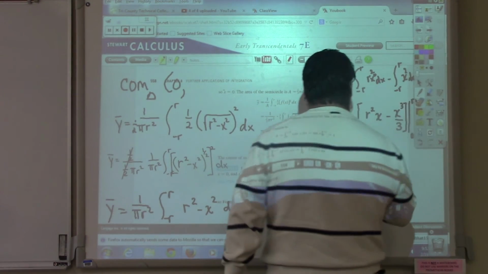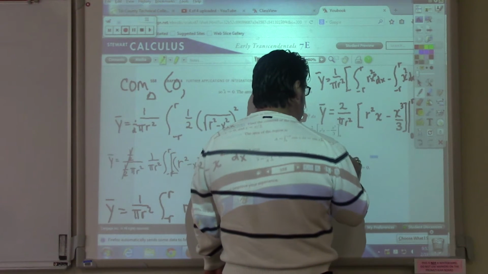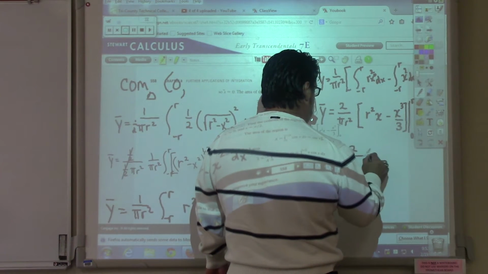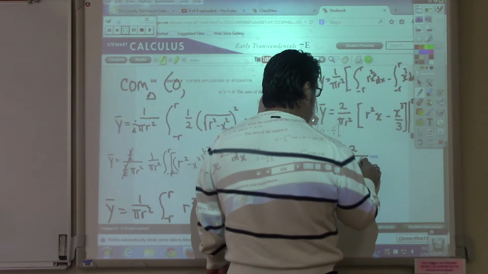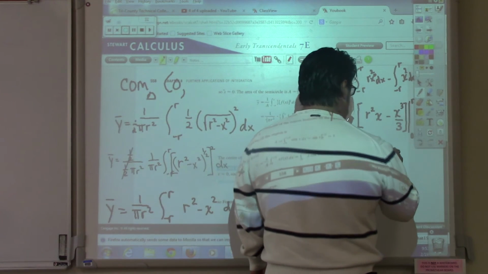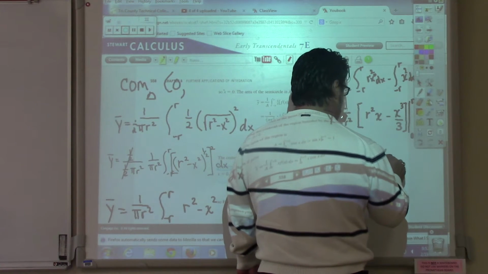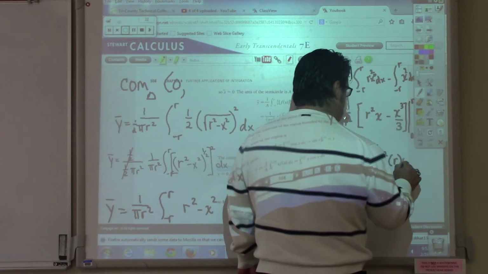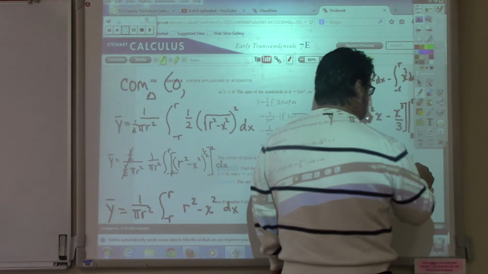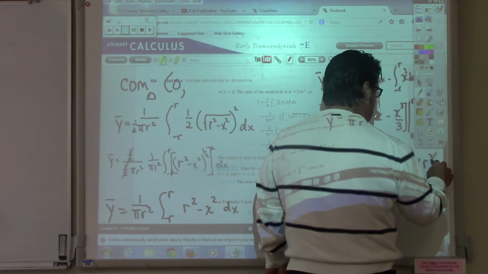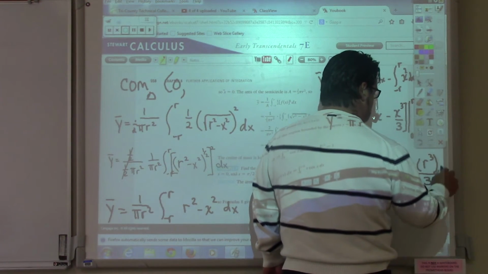So y bar is going to be equal to 2 pi r squared, parentheses, r squared times what? R minus r cubed divided by 3.